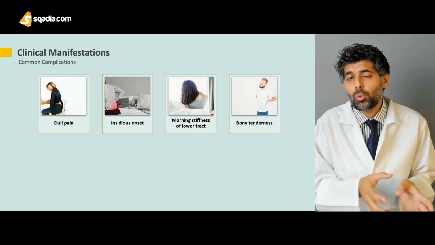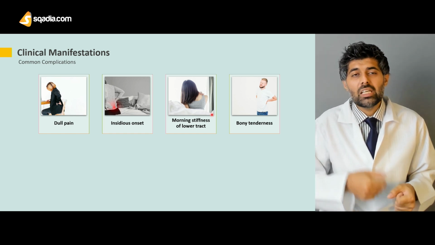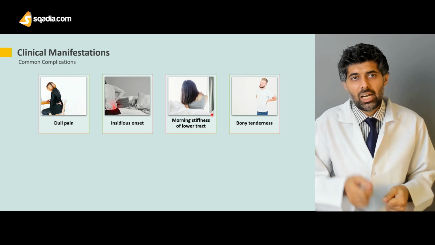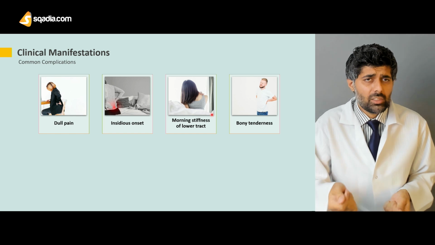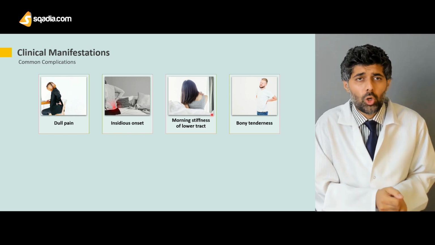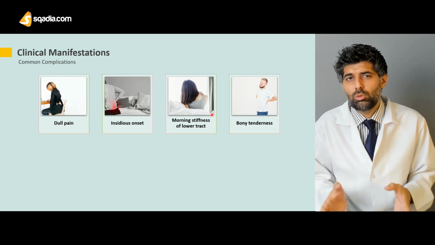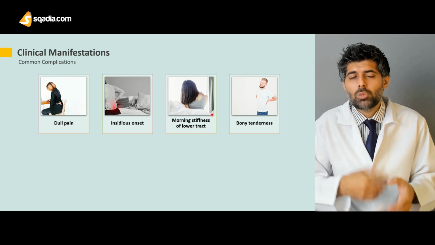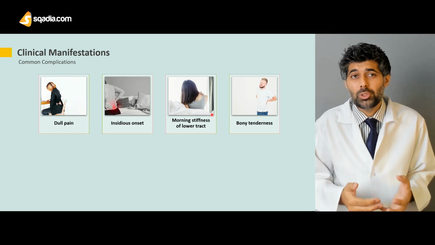So this bony tenderness, along with increased tenderness at the site of the vertebral column, is usually a good sign of ankylosing spondylitis, that some kind of fusion or ossification has started to take place.